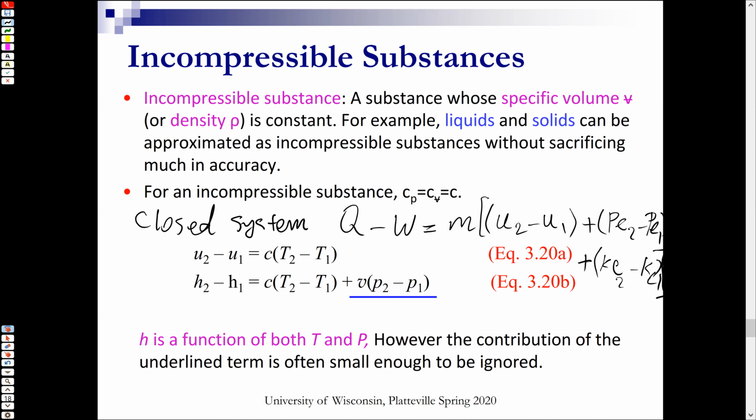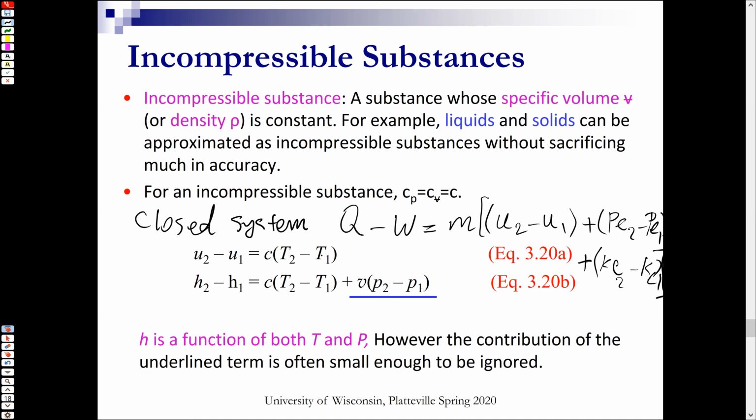Now, if in our closed system we are dealing with an incompressible material, like for instance a slab of aluminum, or, I don't know, 2 liters of water, in that case we can estimate U2 minus U1 with this simple correlation: U2 minus U1 equals C times T2 minus T1.